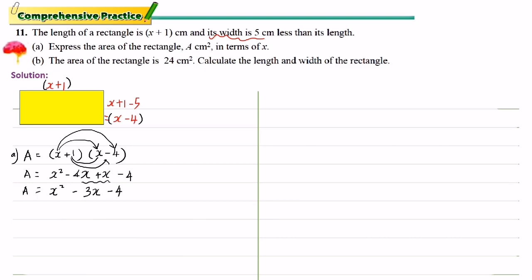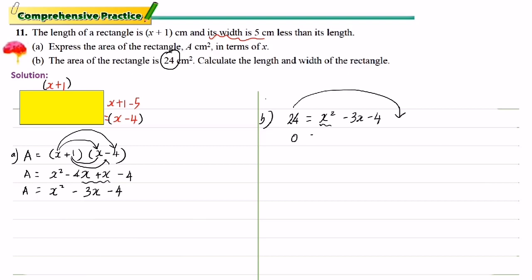B. The area of rectangle is 24 centimeters square. Calculate the length and width of the rectangle. Okay, so now the area of the rectangle is 24, means A equals 24. 24 equals s squared minus 3s minus 4. And I will move number 24 to the back because I need the s squared in positive.